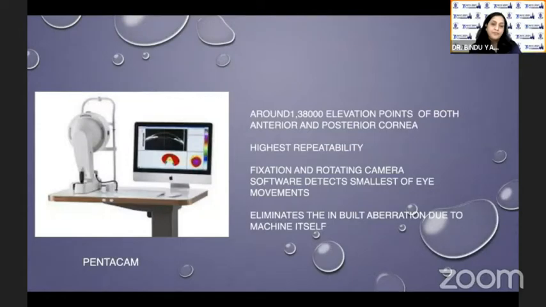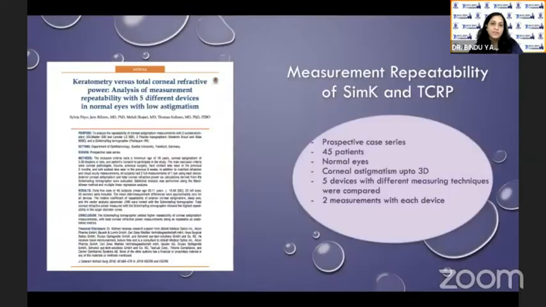It also has a fixation camera and a rotating Scheimpflug camera, so the smallest eye movements can be detected very soon, and the chances of error are far lesser compared to any other biometer available to us. It also eliminates the inbuilt aberrations present in the machine itself. That is why it is better to use.